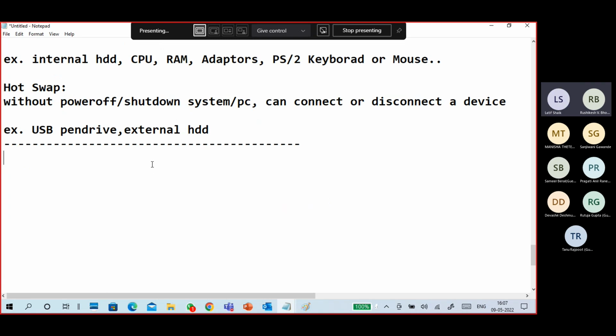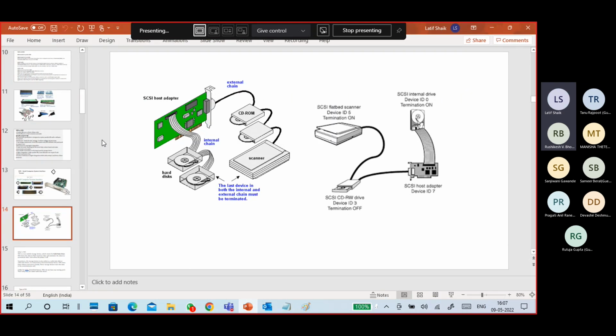And the last one here is SSD. Anybody will tell what is SSD? Solid state drive. Very good. Solid state drive or solid state disk, whatever the name, we can say SSD.